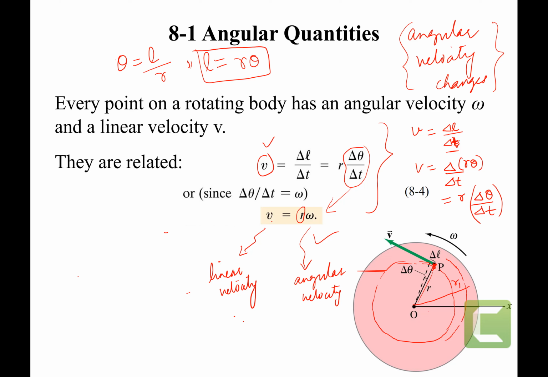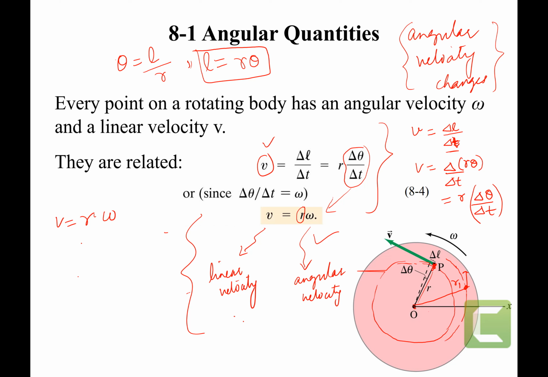So if I have to find the linear velocity at this point, I'll say V is R1 into omega. So you must understand, if I go farther and farther away from the center, the linear velocity will increase. Okay, remember, V is equivalent to R into omega.